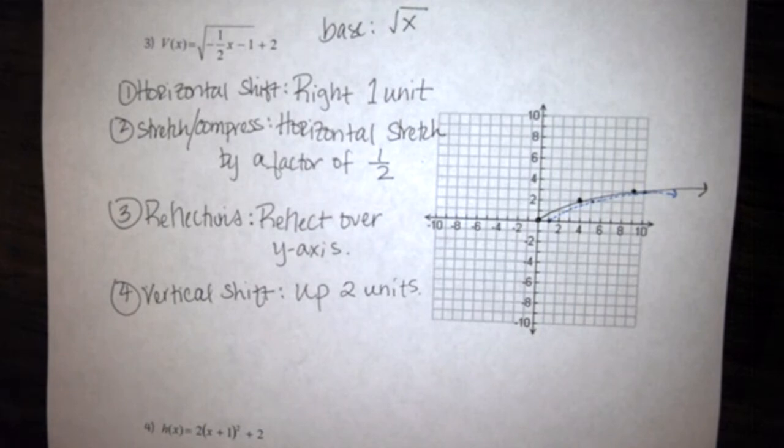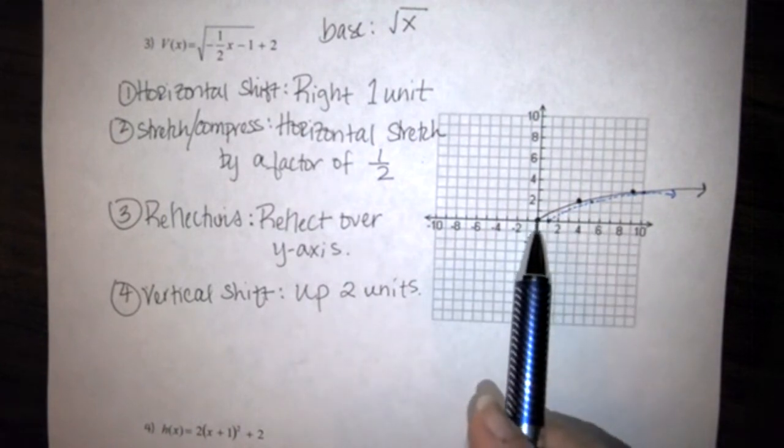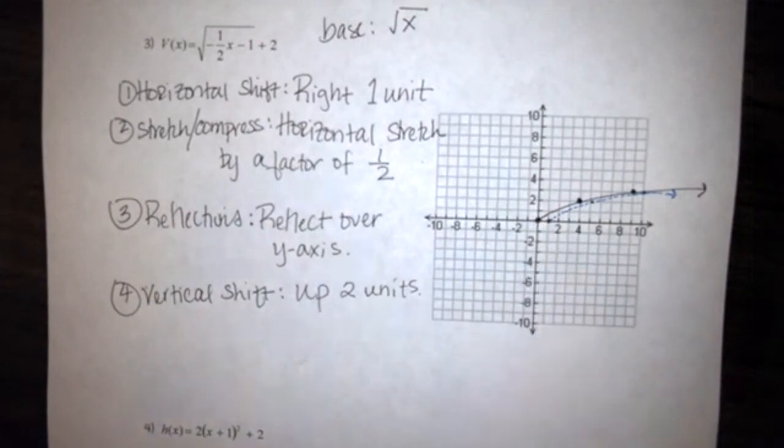A horizontal stretch is talking about pulling that graph away from your y-axis. Okay, so we're stretching it like taffy. Well, we're doing that by a factor of 1/2. So when you look at, say, your point here at 0, if you're trying to take 1/2 of it, you've got nothing. It can't get any closer or further away from the axis because it is already sitting at the 0 line.